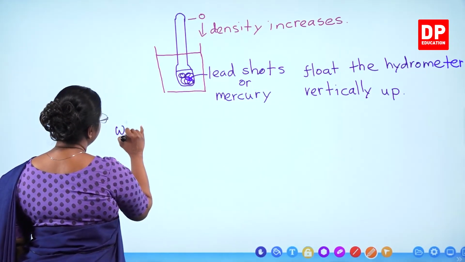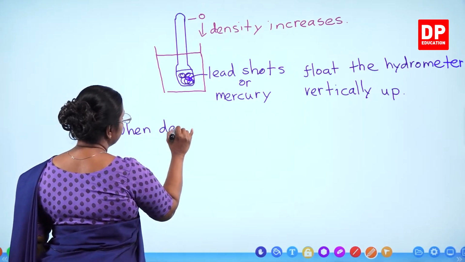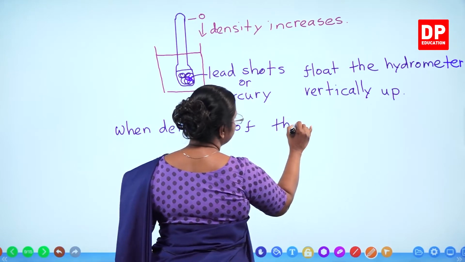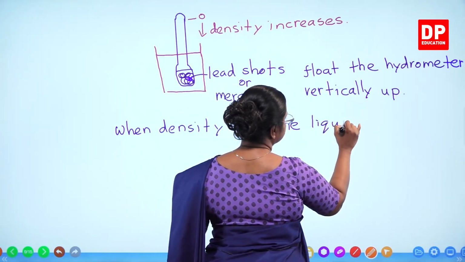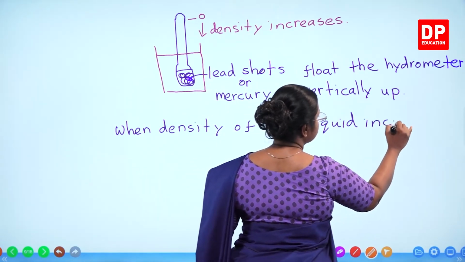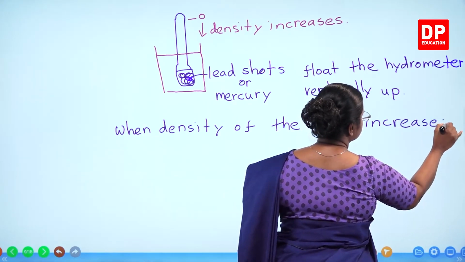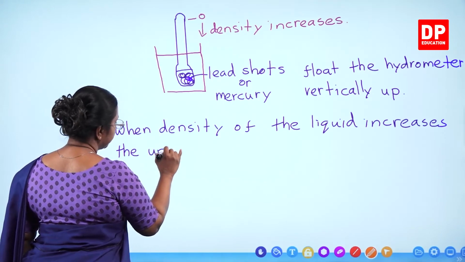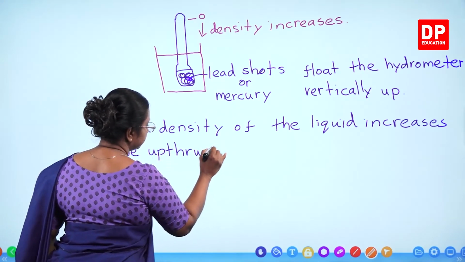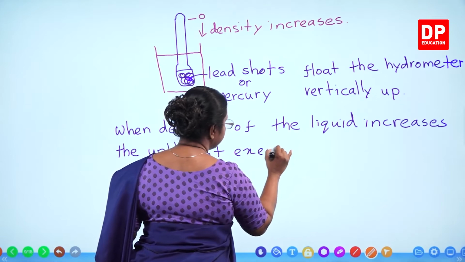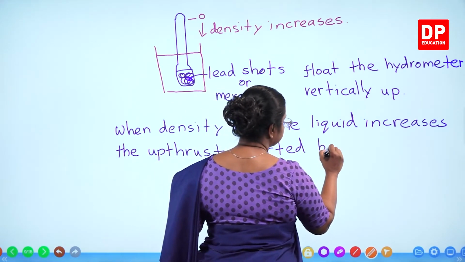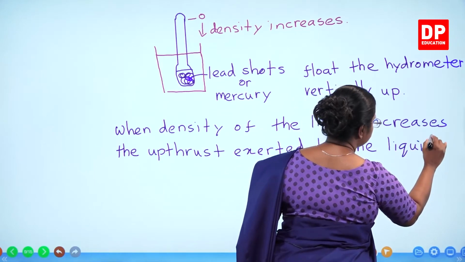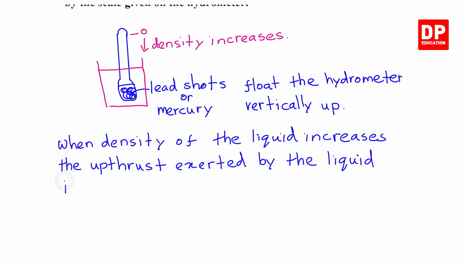So, here when the density of the liquid increases, the upthrust exerted by the liquid increases.